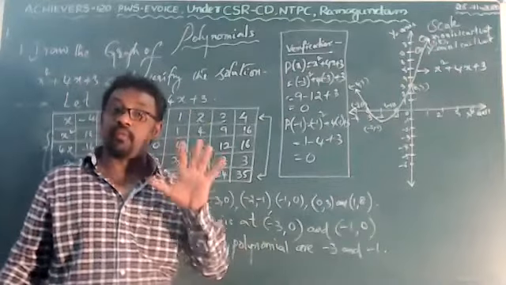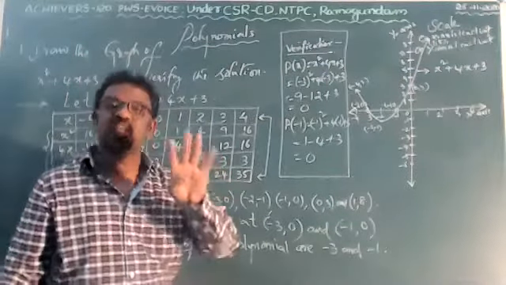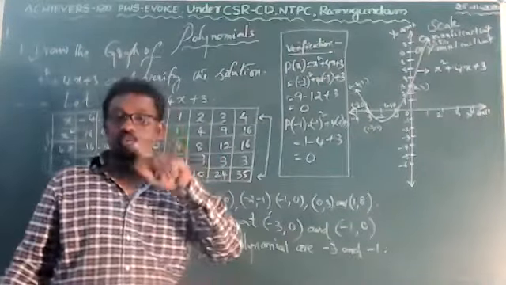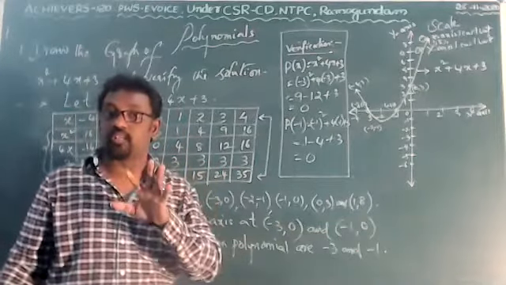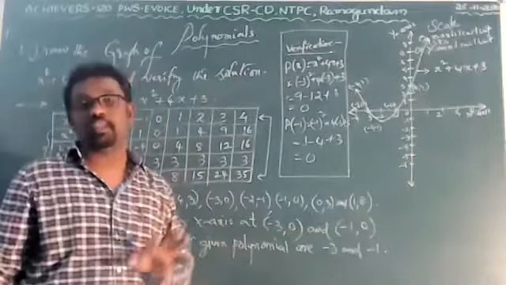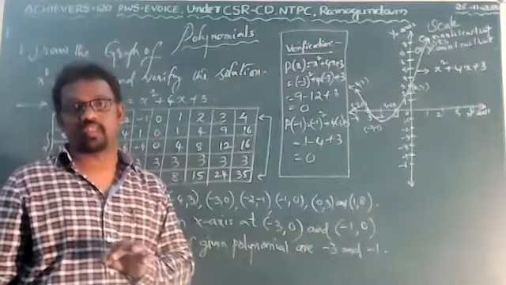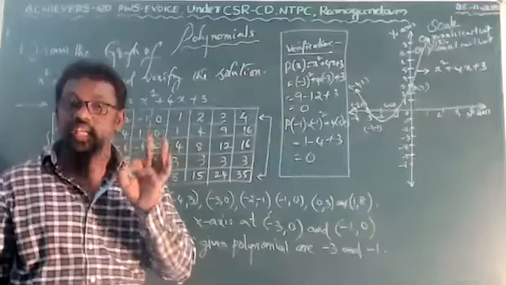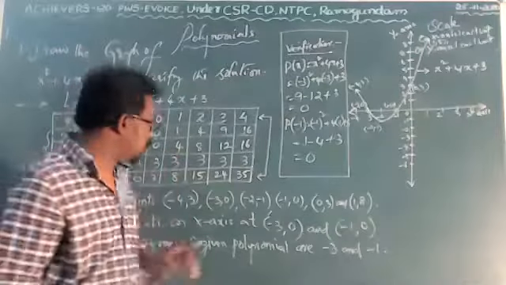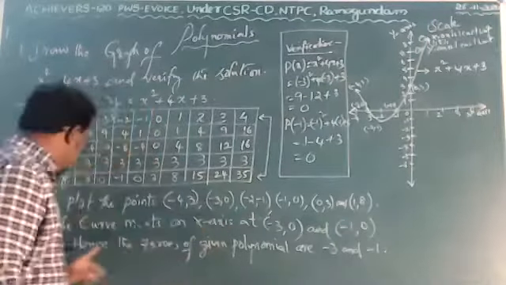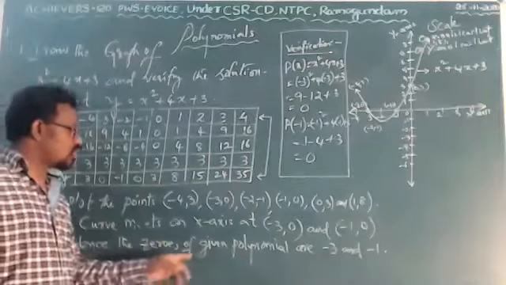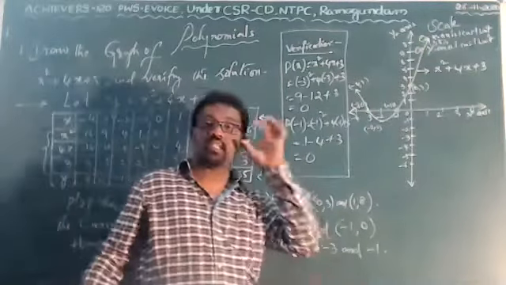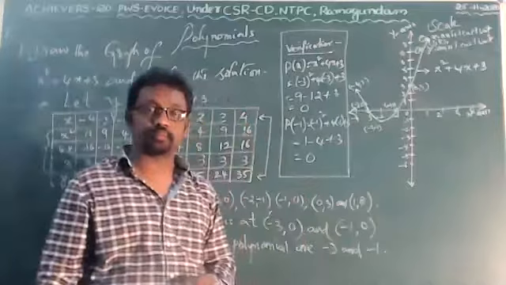If the power is 5, only 4 zeros, because among them one will be the x square term, and whenever you multiply that one, you get x power 5 only. And hence, the zeros of the given polynomial are minus 3 and minus 1.